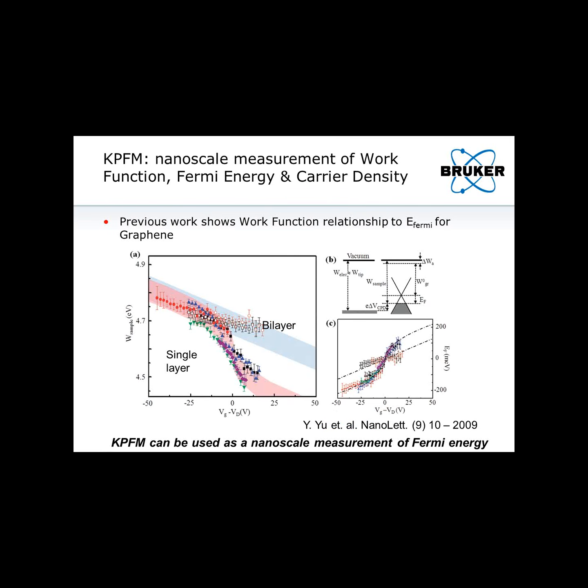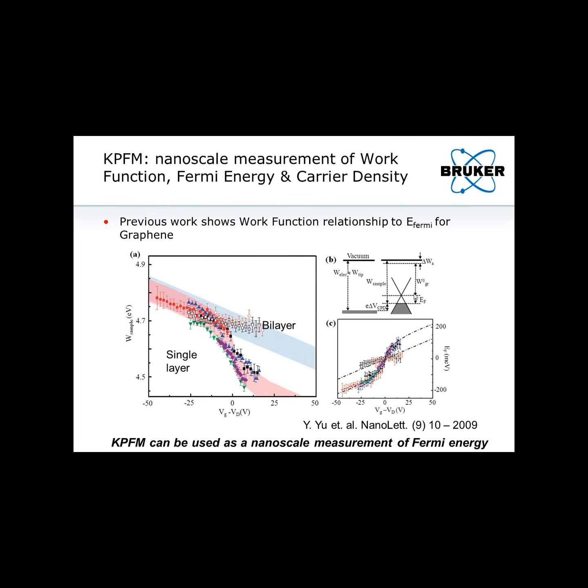And this was published by Yu and others in Nano Letters in 2009. And in this paper, what they did is they started out with a single and bilayer sample of graphene, and they used a gold tip to measure the work function using KPFM.